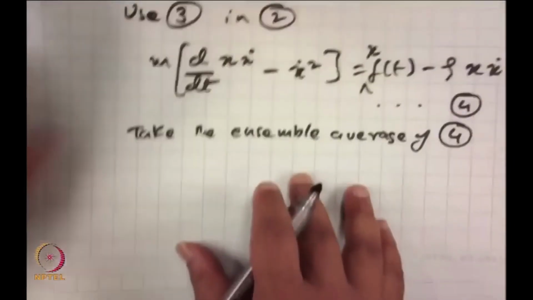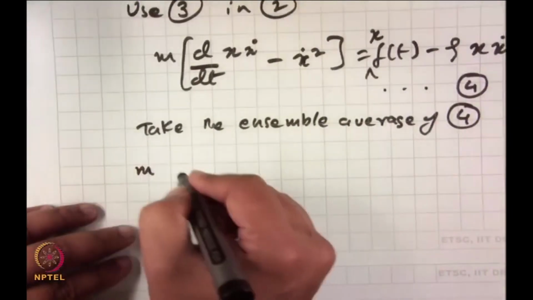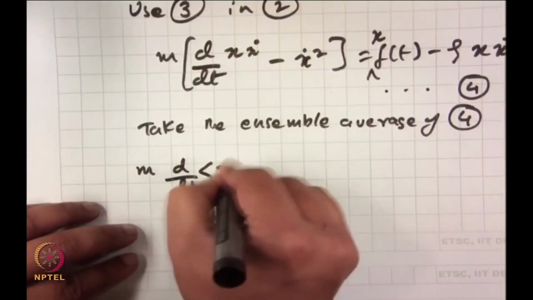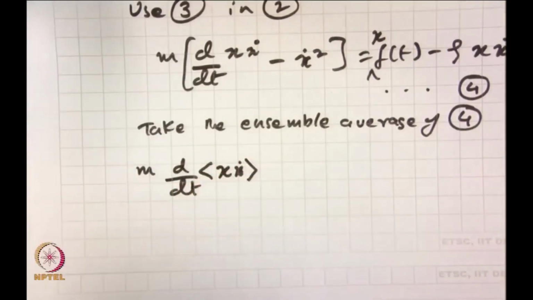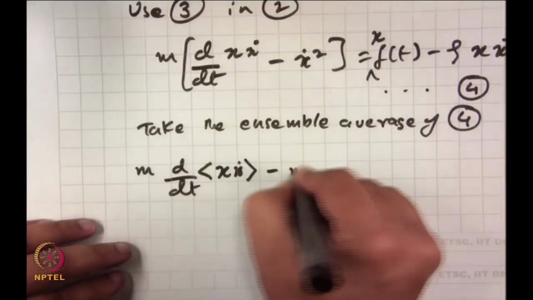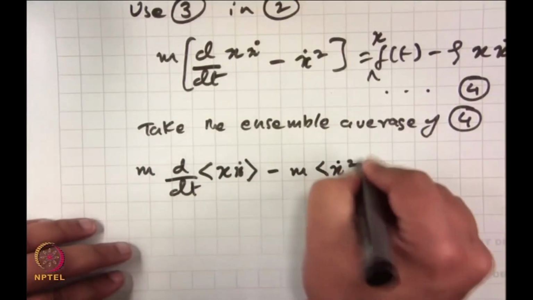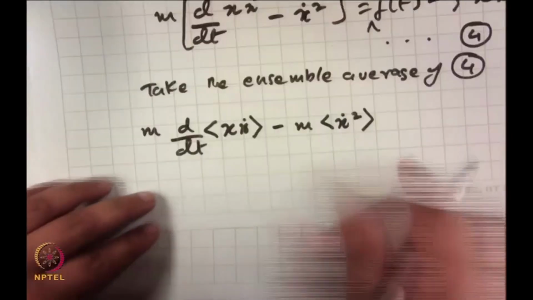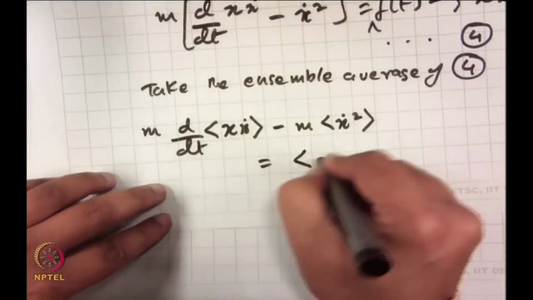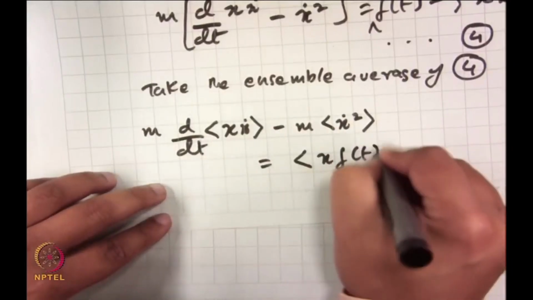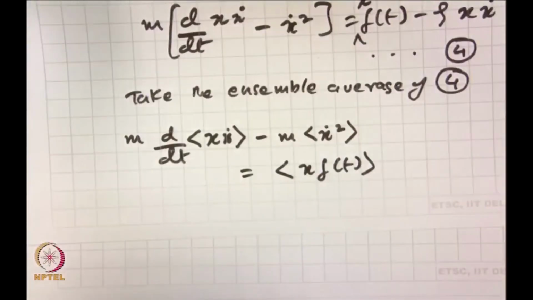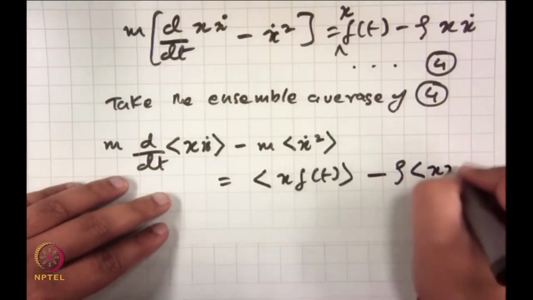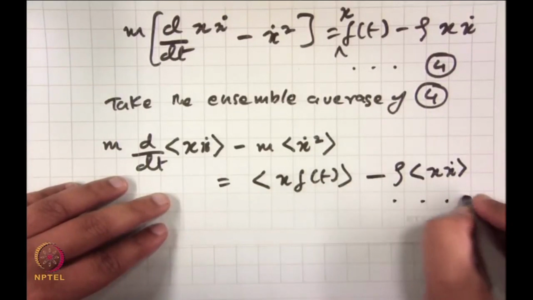So, this would then become m d over dt of the ensemble average of x x dot, minus m times the ensemble average of x dot squared, equal to the ensemble average of x f of t minus xi times the ensemble average of x x dot, and this is equation 5 for me.